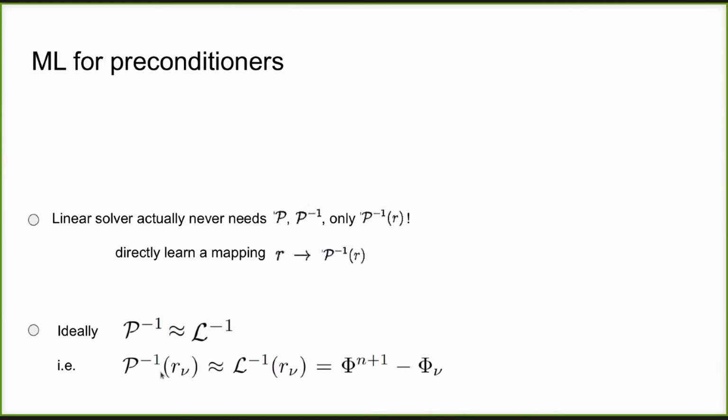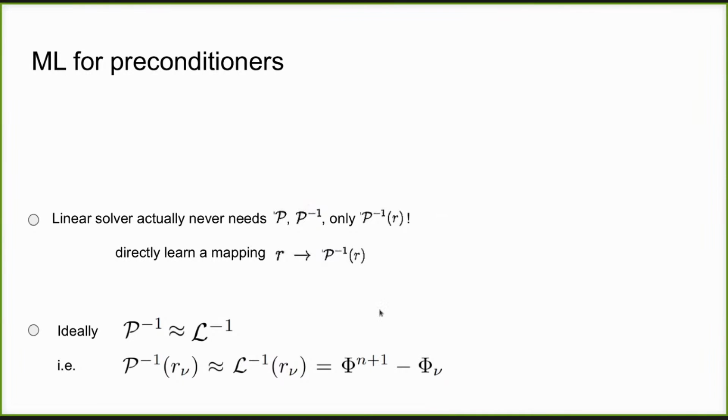If you then apply this to the actual residual and work through the equation for the residual, you're going to find that what it's supposed to predict is the difference between phi nu, I think this is pronounced, which is the current estimate of, in our case, the fluid thickness within the current iteration of the iterative solver, and phi n plus 1, which is the solution that we want.